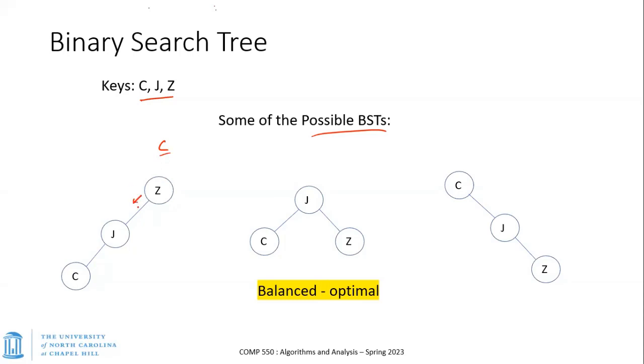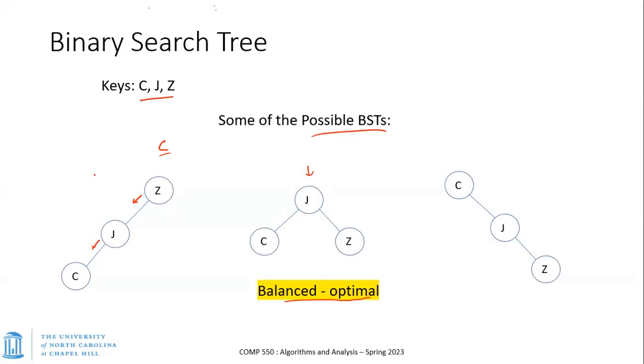Yes, so you go down the left path, and it comes before J, so you keep going down. If you have this particular structure, then this is clearly optimal. We always know that if you can minimize the height of a binary search tree, that generally gives you the best result.